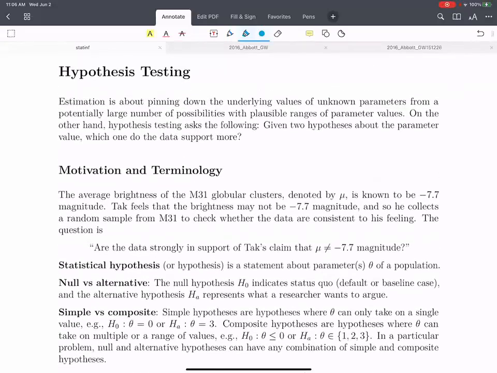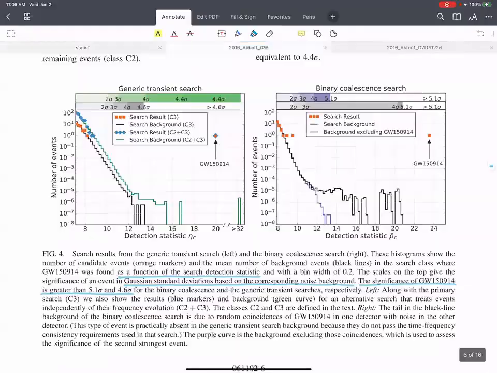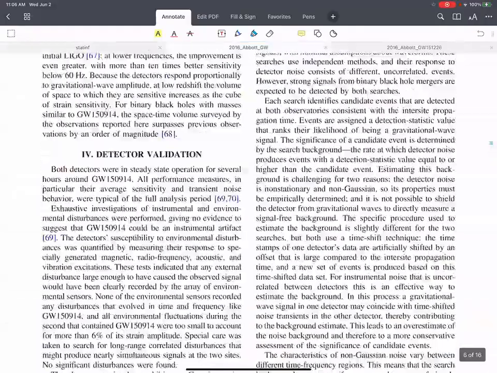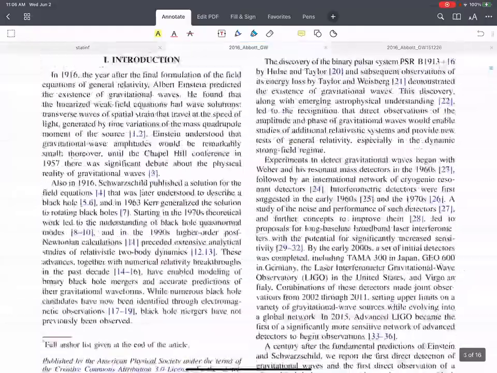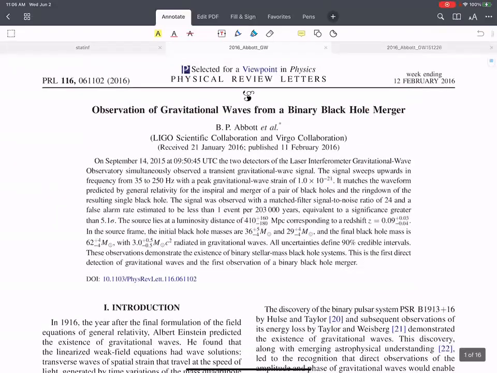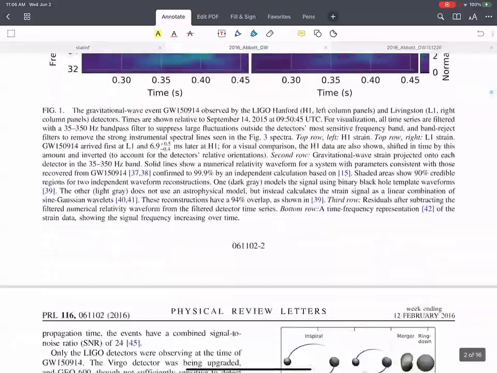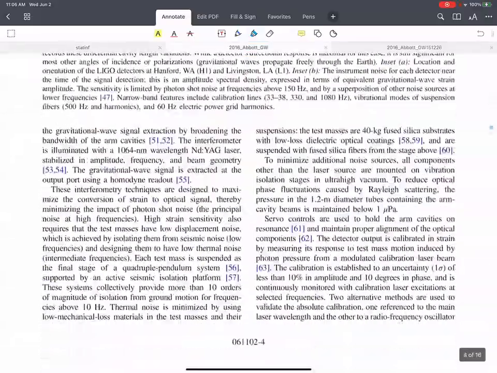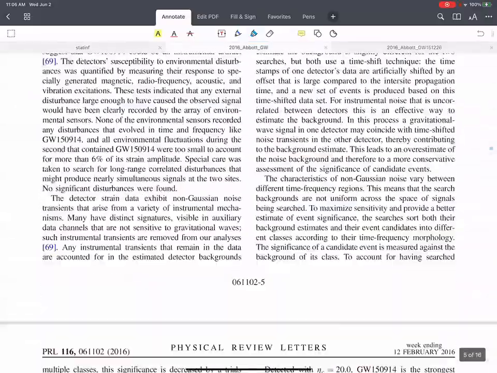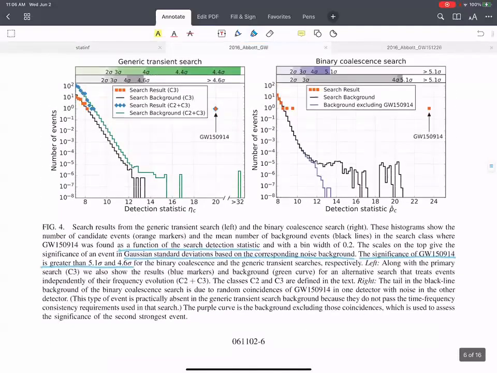And for the motivation, here is the paper for the first detection of gravitational waves in 2015, although the paper was published in 2016. I prepared this paper because it's pretty pedagogical.